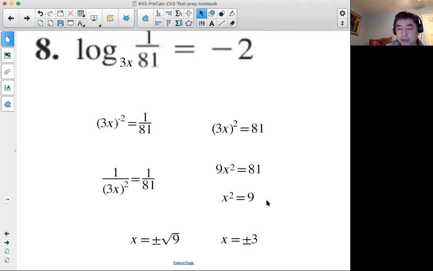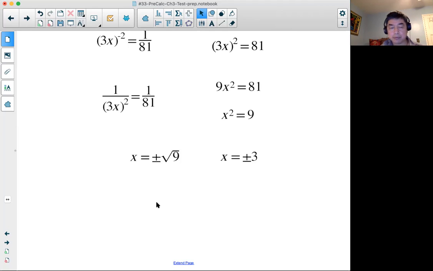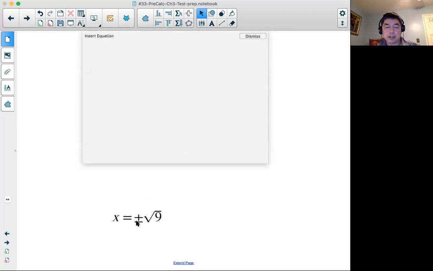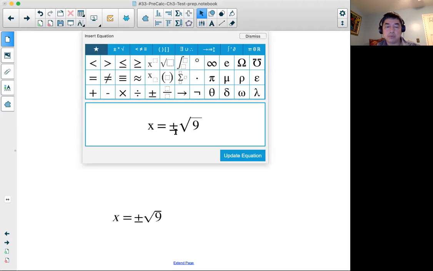Okay? Because if you plug in negative 3 here, negative 3 times 3 is negative 9, and that will work, right? Let's do it. If the base is negative 9, so I'm just checking the answer.